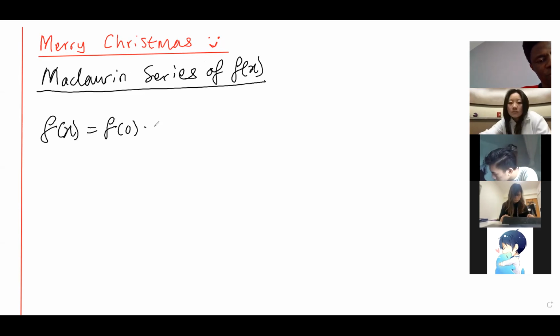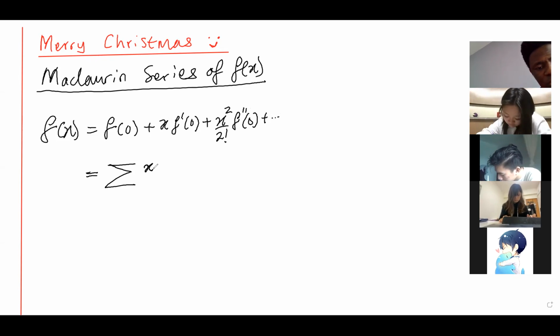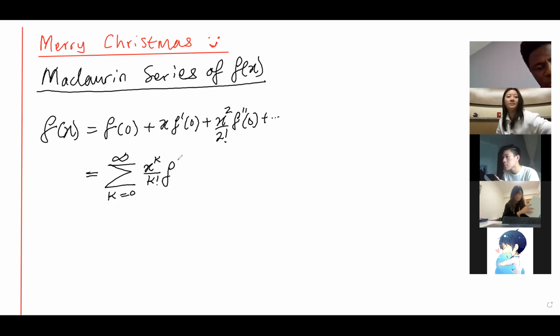It is f of 0, plus x times the first derivative at 0, plus x squared over 2 factorial multiplied by the second derivative at 0, and it continues indefinitely, which you can write in sigma form as the sum of x to the power k divided by k factorial, k starting from 0 to infinity, of f to the kth power at 0.